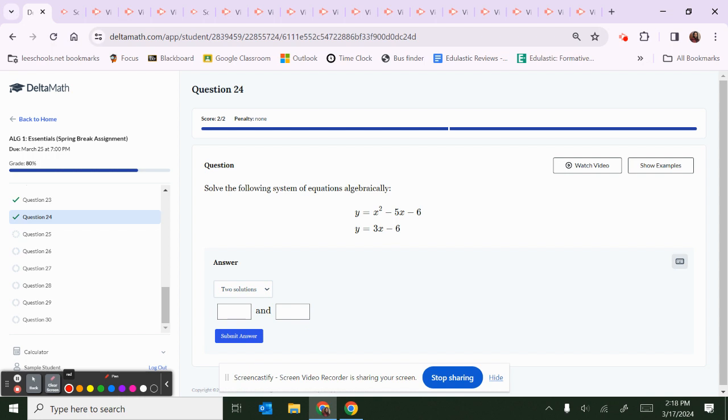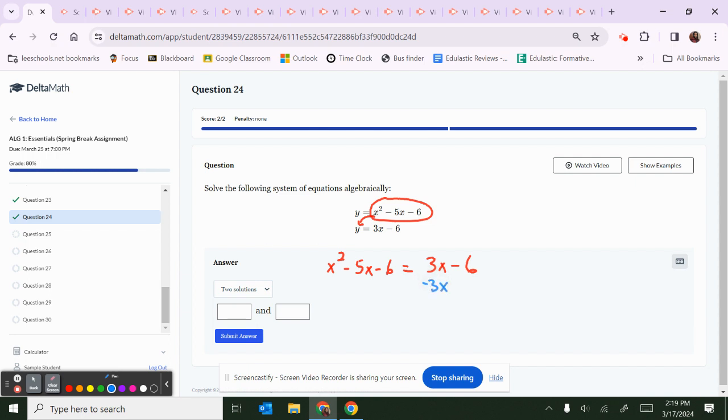So again, guys, when you're doing this, you're going to use this equation, replace for the y in your bottom equation. So I would have x squared minus 5x minus 6 is equal to 3x minus 6. Now I would move everything to the same side by subtracting 3x.